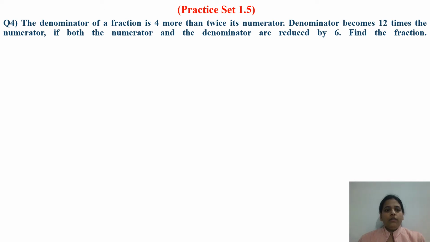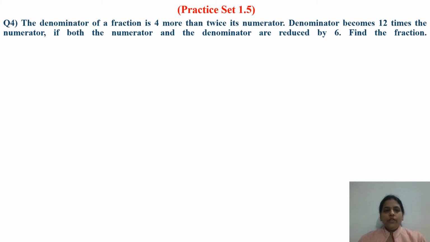What is the question? The denominator of a fraction is 4 more than twice its numerator. The denominator becomes 12 times the numerator if both the numerator and denominator are reduced by 6. Find the fraction.